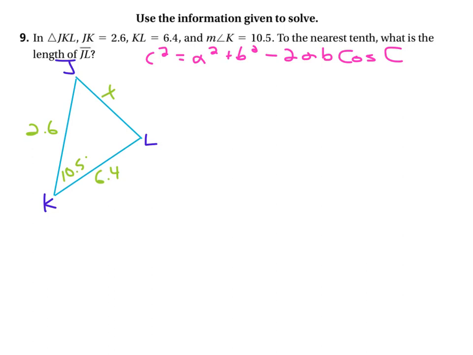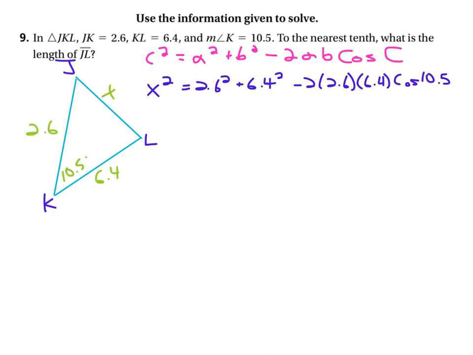So don't forget that I didn't put a square root around everything, so we're now saying x squared, that side squared, equals the other two sides squared, 2.6 squared, plus 6.4 squared, minus 2 times 2.6 times 6.4 times cosine of, and what's the angle? Cosine of 10.5.